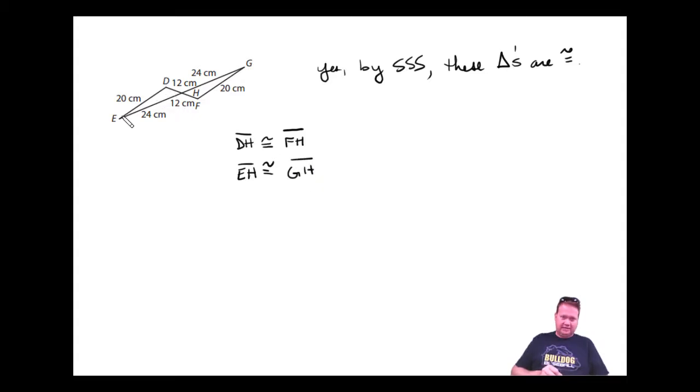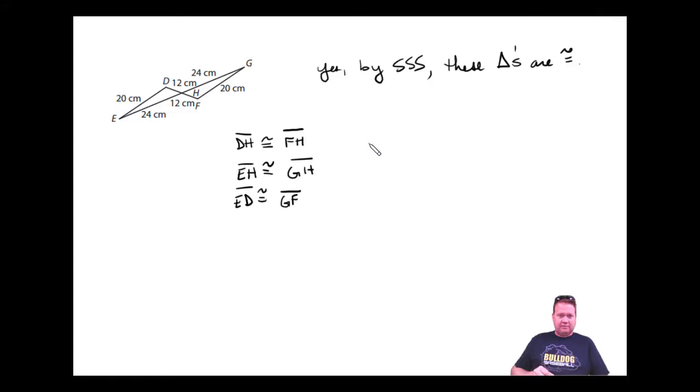And the last one is ED, and ED is in the same place as this 20 centimeter segment here, which is GF. If we called it FG, it wouldn't be in the right order.